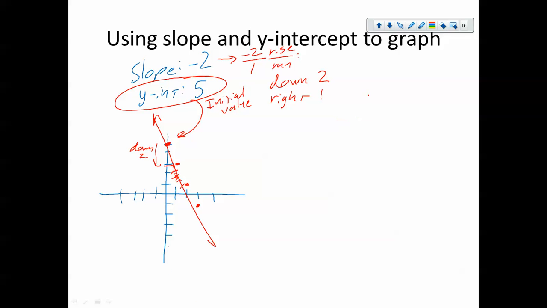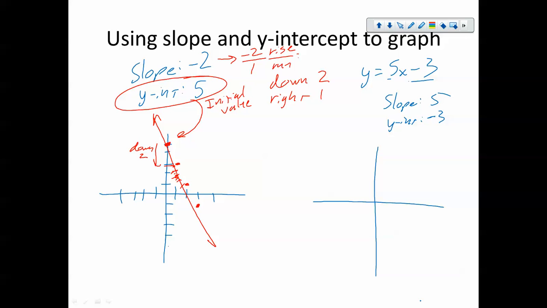We can do the same thing if we're looking at it straight as an equation. Here my slope is 5, and my y-intercept is -3. Notice that I carry that sign with it, that operation with it. Use that information to graph the linear equation.